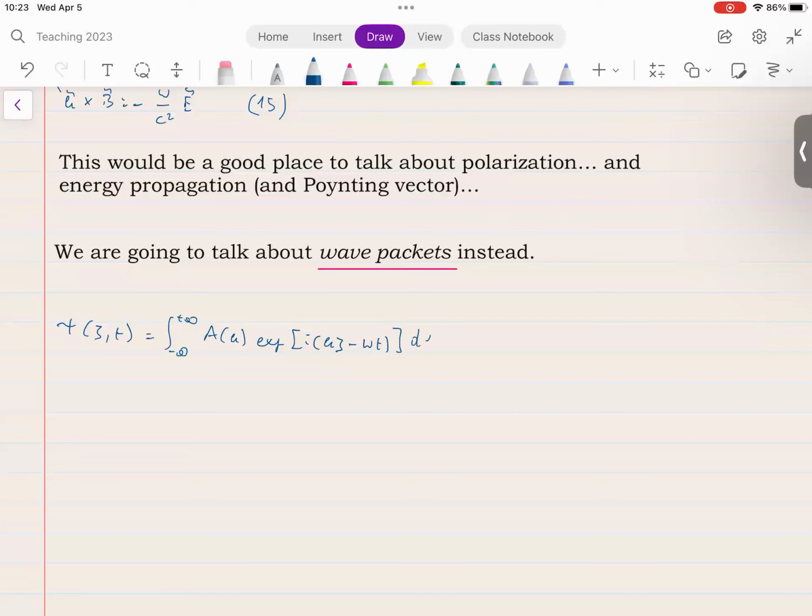The integral is, of course, in k. Where the idea is that A of k is 0 far from some central or reference value k0.